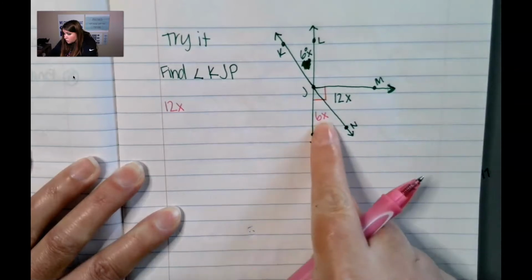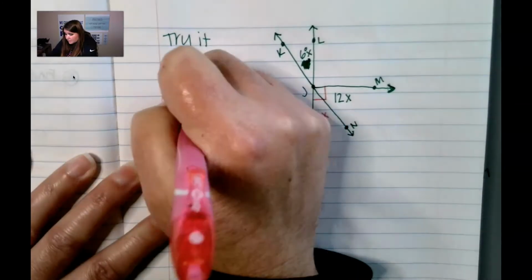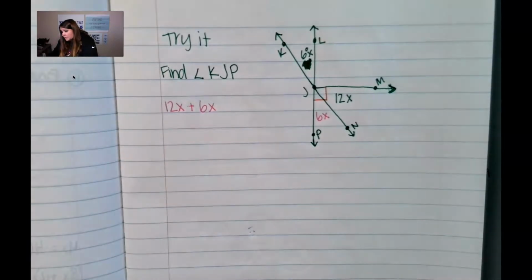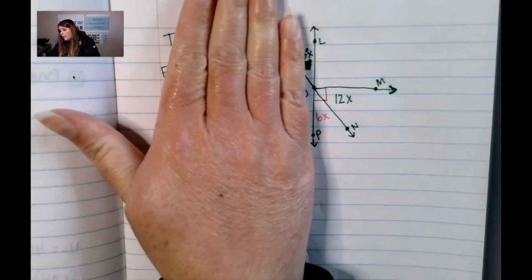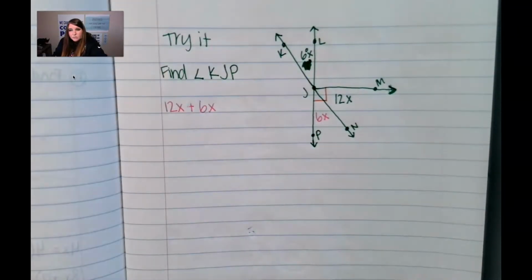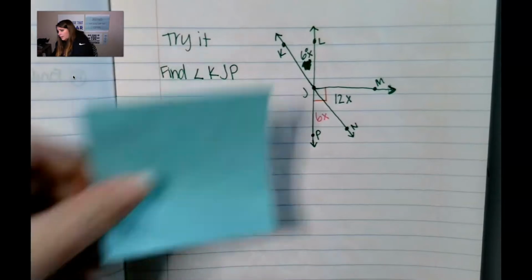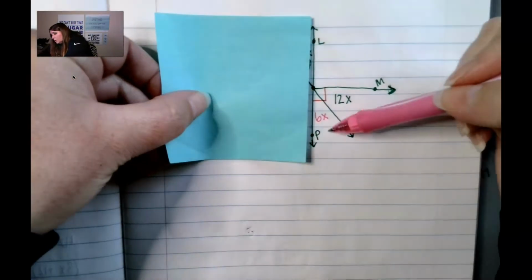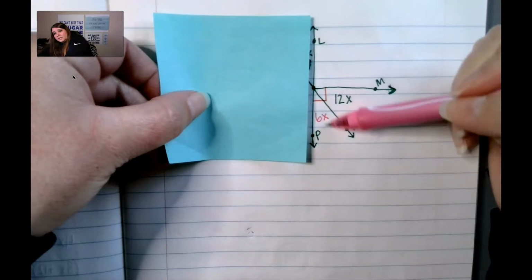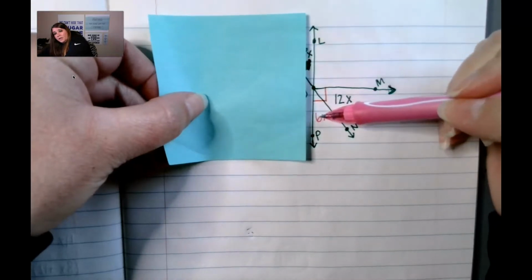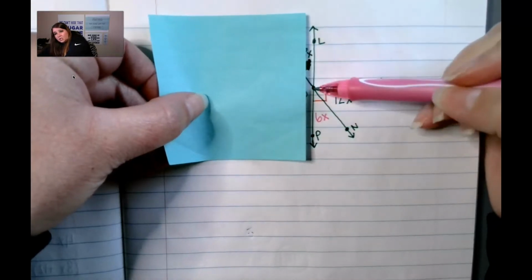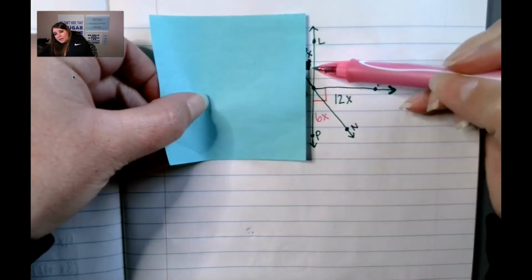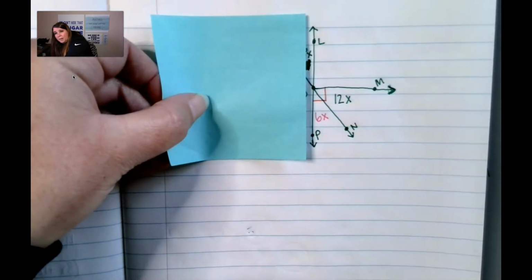So we have a 12x and a 6x. You can look at this too by covering up half of it and seeing what information we need. You can look straight across here and see that they share an adjacent vertex. That's how we got that 6x.